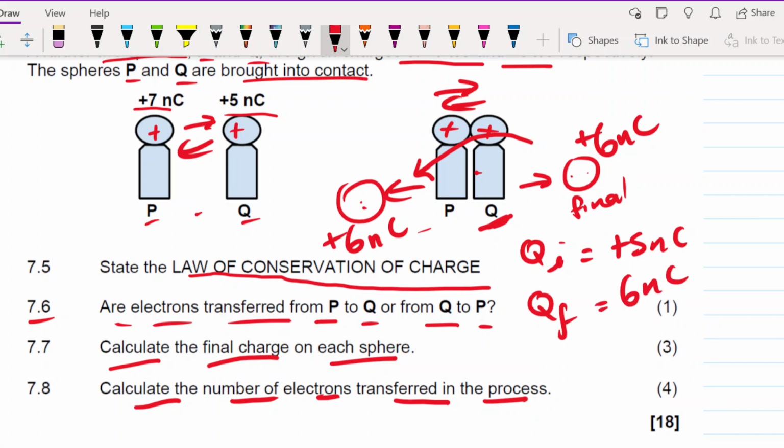So we have the Q initial and the Q final for charge Q. We want to find the number of electrons that it transferred to P.